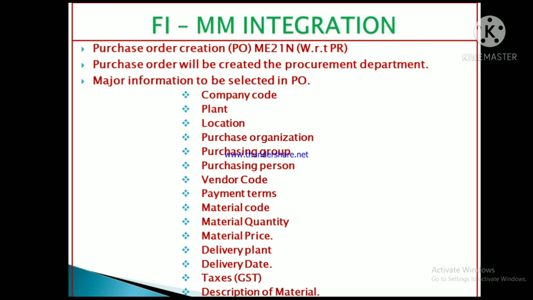So these are the major information which will be selected in a PO, and ME21N is the T code to create a PO.